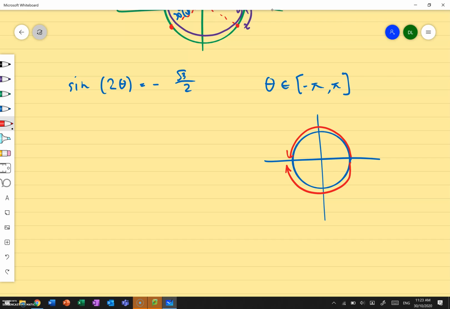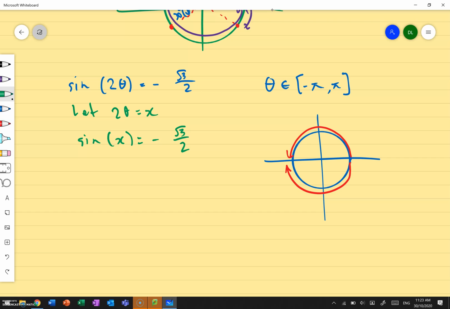If you're presented with an equation like this, the first thing you have to do is substitute 2 theta with something else. We can't just say 2 theta equals, because it gets really confusing. So let 2 theta equal x, in which case I would have sine x equals negative root 3 on 2.